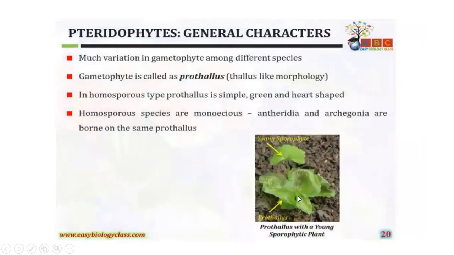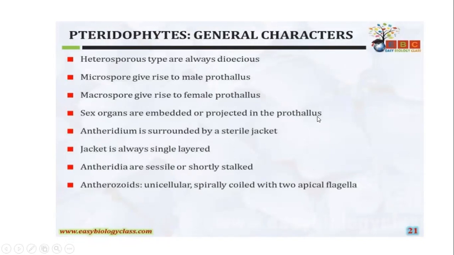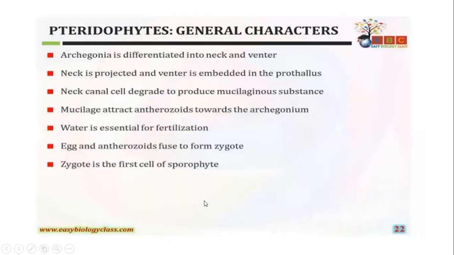The main male sexual organ is the antheridium, which is surrounded by a sterile jacket layer of cells, only a single layer. The antheridia are sessile or sometimes shortly stalked, and they develop antherozoids, which are unicellular, spirally coiled, and with two apical flagella.